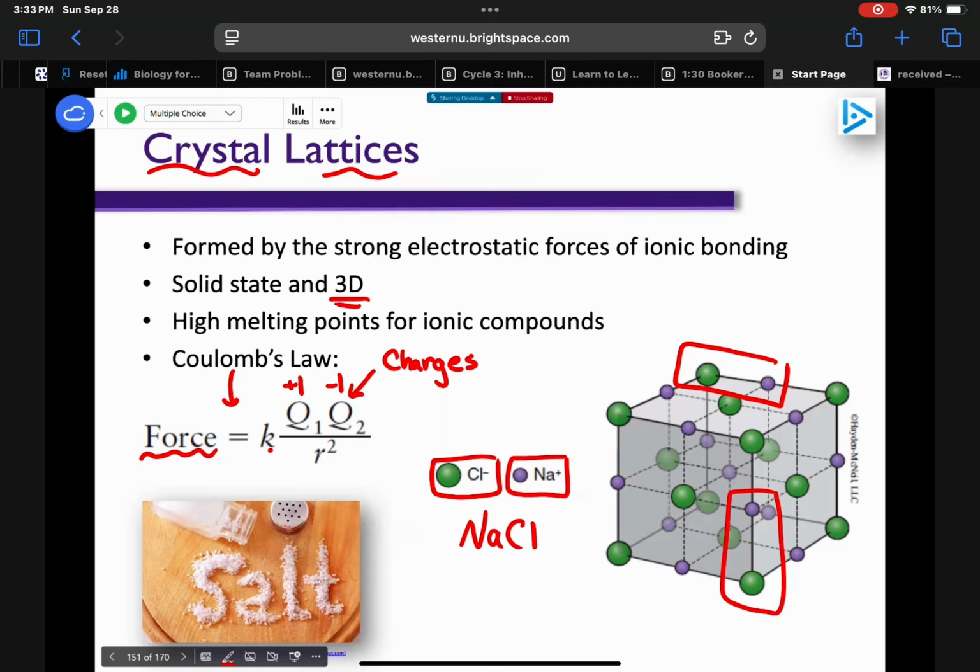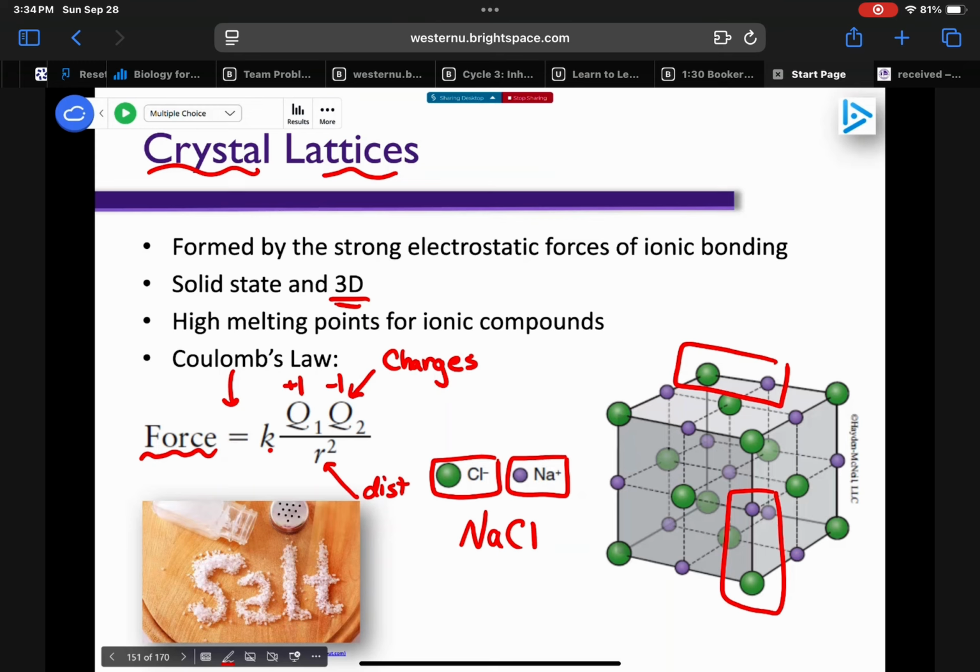That means that bond gets stronger, that ionic bond. Then in the denominator, we have the distance between the two ions. And this is directly related to how big or small those ions are. When we're talking about crystal lattices, of course, we're talking about compounds in the solid state. And most ionic bonding tends to be solid.